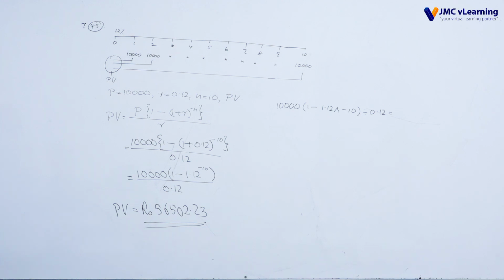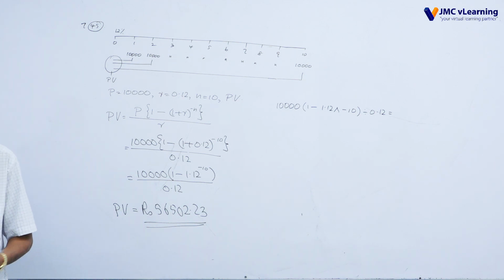What is the present value of an annuity that pays 5,000 per month? Then P equal 5,000, N equal 60. Discounting rate is 18%. No, that is the annual rate. 0.18 over 12, I'll do that one.